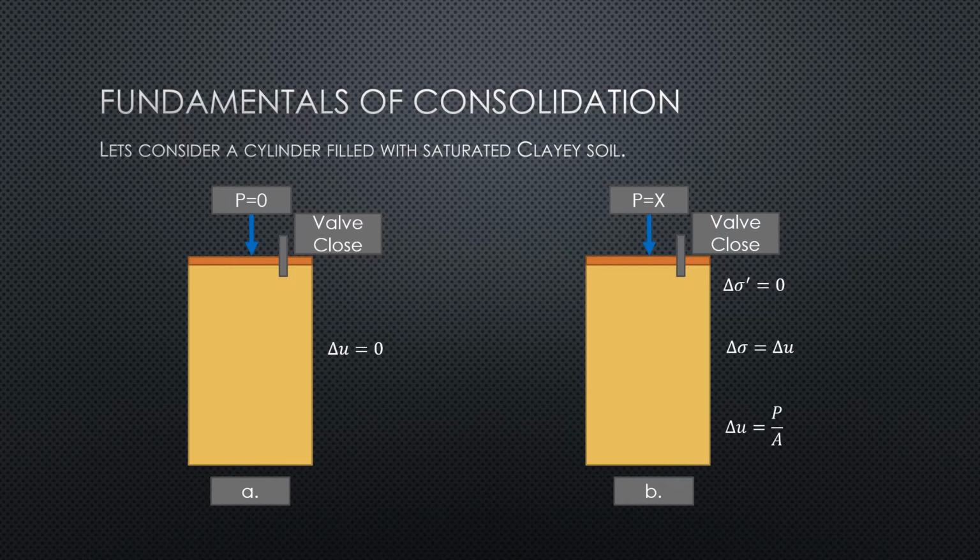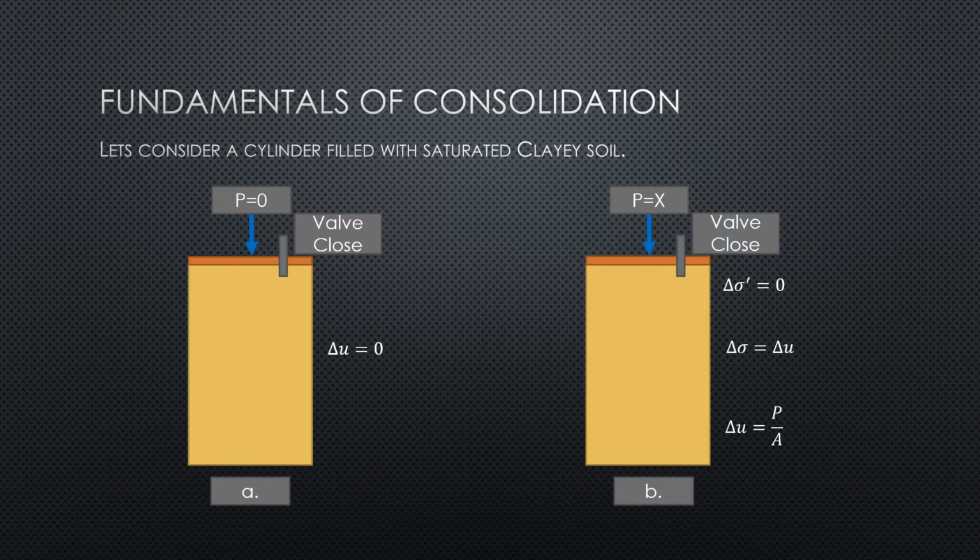There is no force applied and the valve is closed. But in figure B, P has a value, the value of X, and still the valve is closed. The pore water pressure will be equal to P over A, and A is the cross-sectional area of the cylinder. And delta sigma prime is equal to 0.